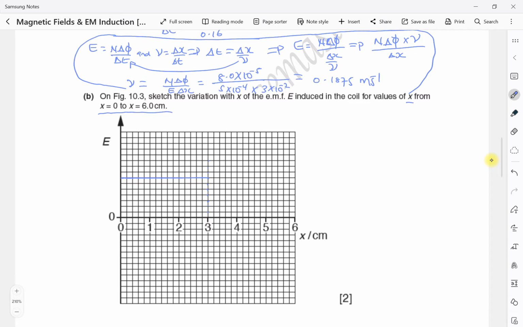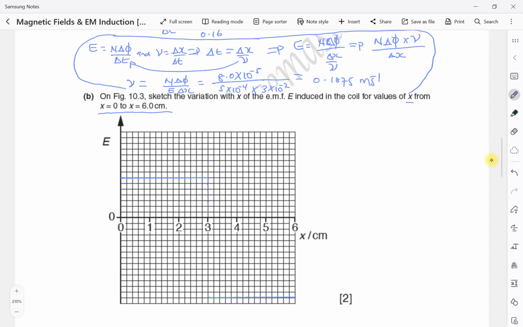Then the other one, because the gradient after 3 centimeters is twice, will use 14 squares.